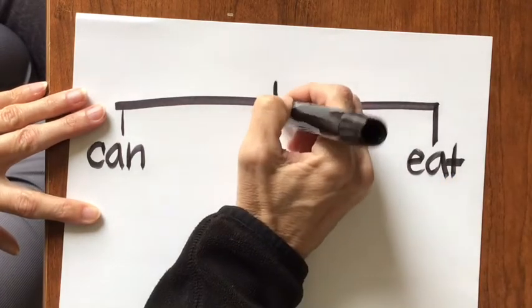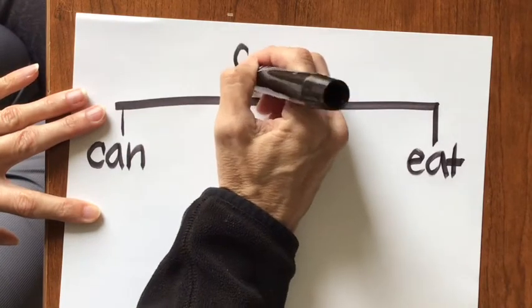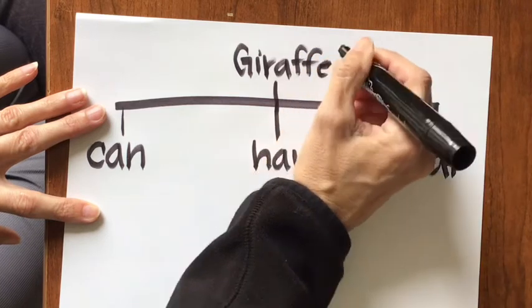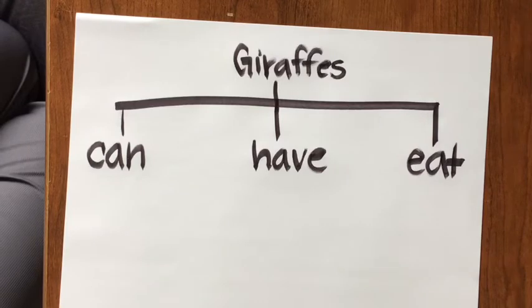And then at the top, you have to write your subject. And mine is giraffes. Okay, so there is one that's made that you just need a piece of paper for.